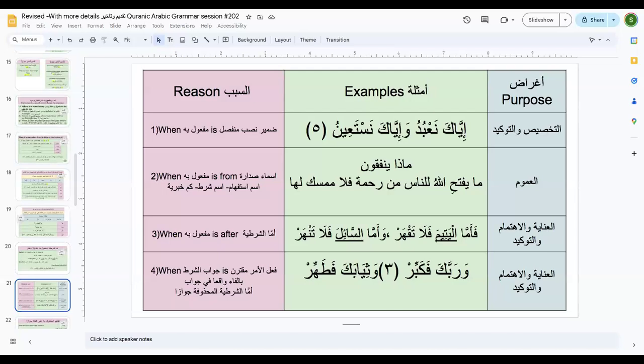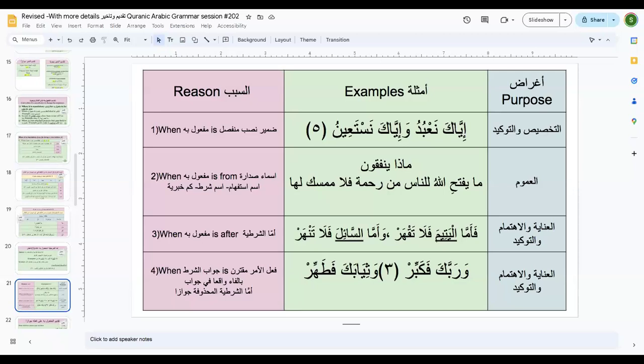They are asmaul sidara, they are going to always be in the beginning, just like madha yunfiqun, ma yaftihillahu linnas min rahmat fala mumsik laha.